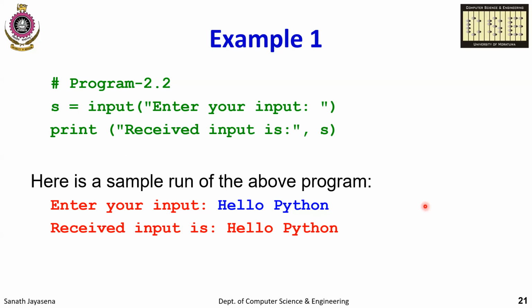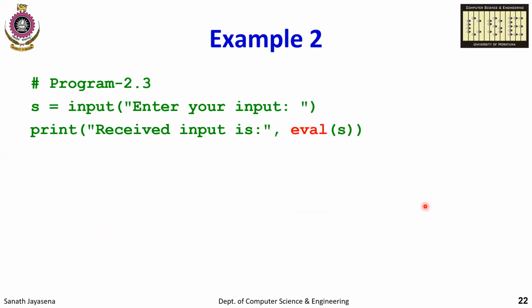So suppose that's easy to understand. Let's take another example. Here, this is program 2.3, which you will find in the notes. Like in the previous example, again, S is equal to input, and there's a prompt.